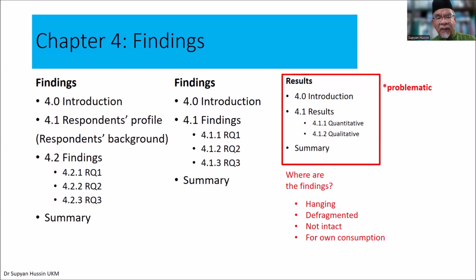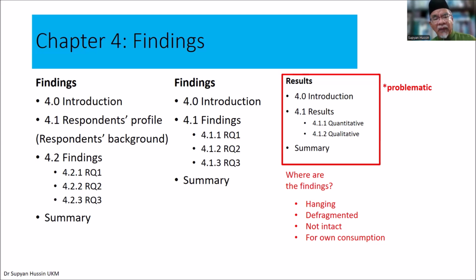Then you can present your respondent profile, respondent background, the one that you have collected from the respondent through the instrument after you carried out the research. Therefore, you put all the data together in chapter 4 rather than in chapter 3, because chapter 3 has nothing to do with data findings, okay? It's only data collection.